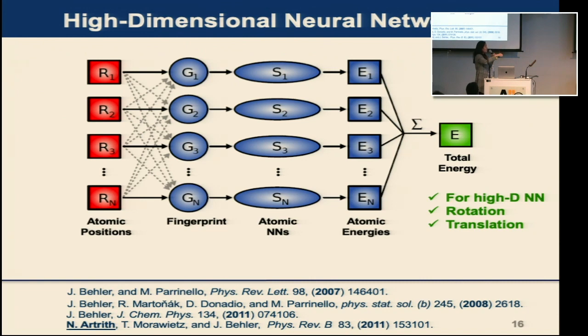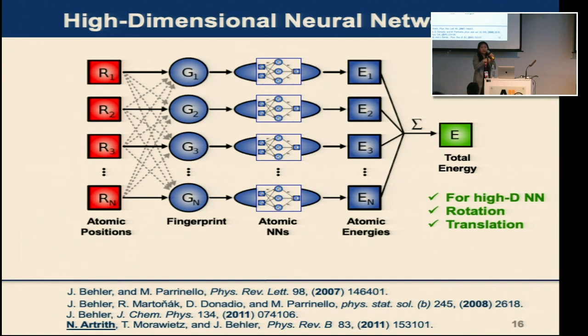The total energy comes from the sum of each atomic energy, and each atomic energy comes from an atomic neural network. I already explained before how a simple, standard feedforward neural network works.